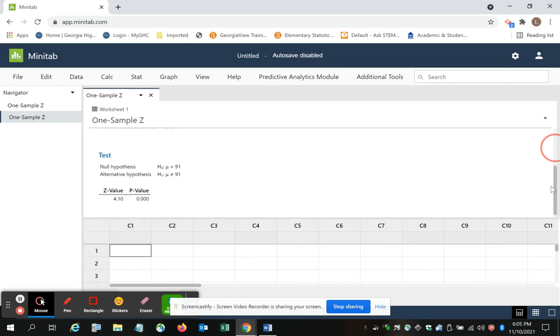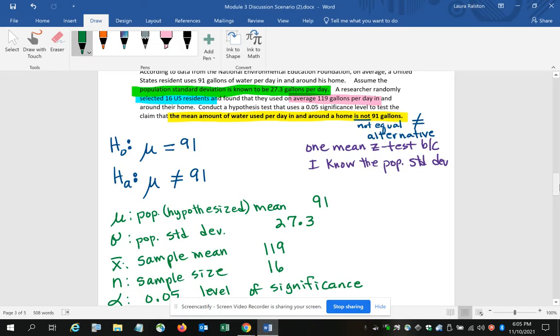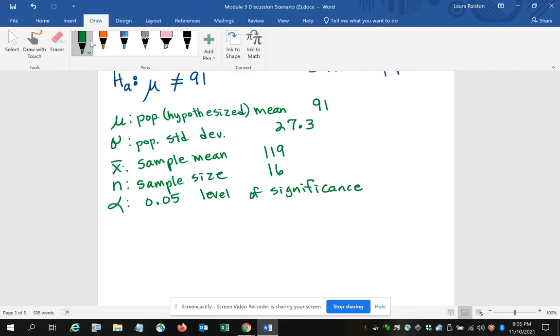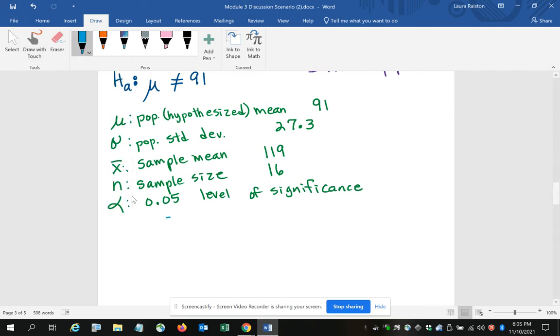And I look for my test. And we get a Z score of 4.10. Okay, so recording it, my Z test statistic is 4.10, and my p-value is 0.